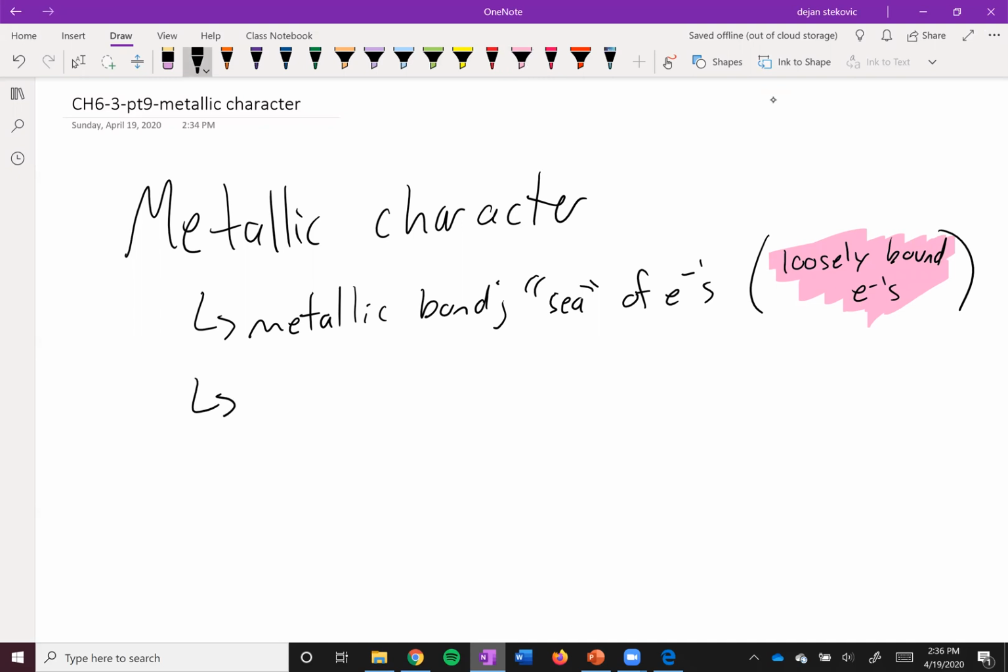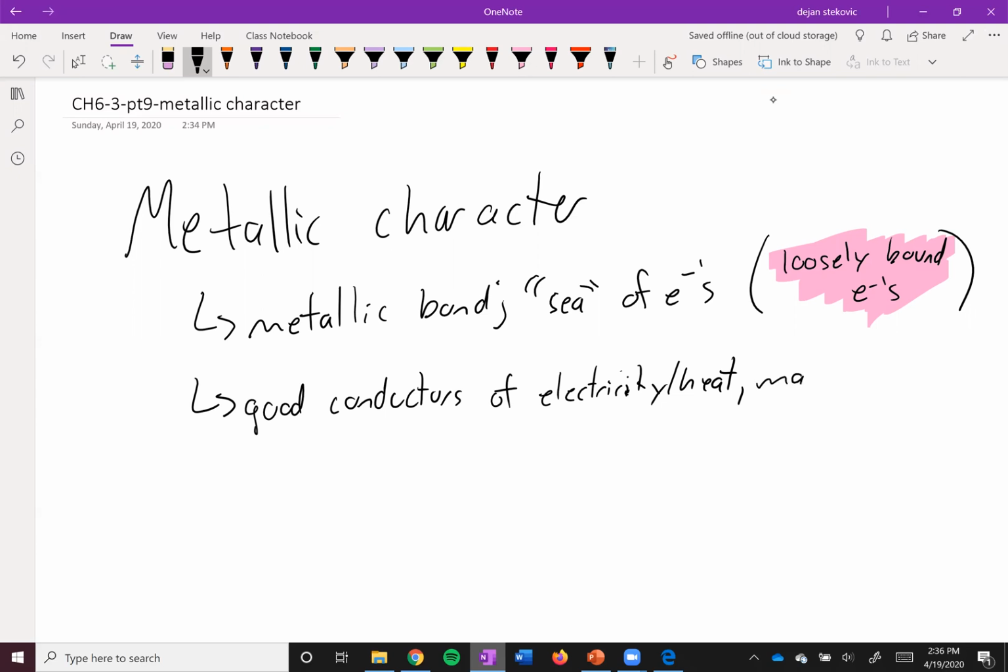So if you think about what a metal is, they're good conductors of electricity and heat. So if you want to be able to conduct electrons, they've got to be loosely bound, so that way they can move around the place.